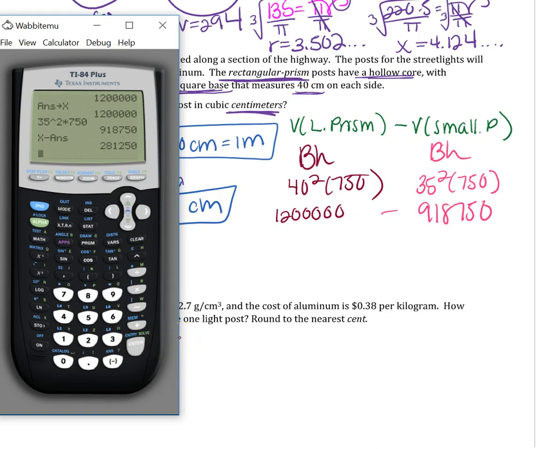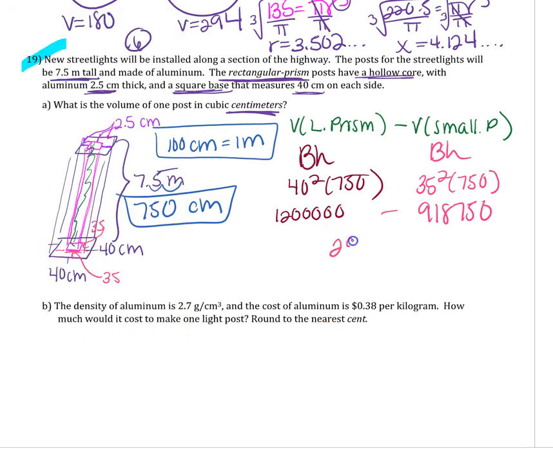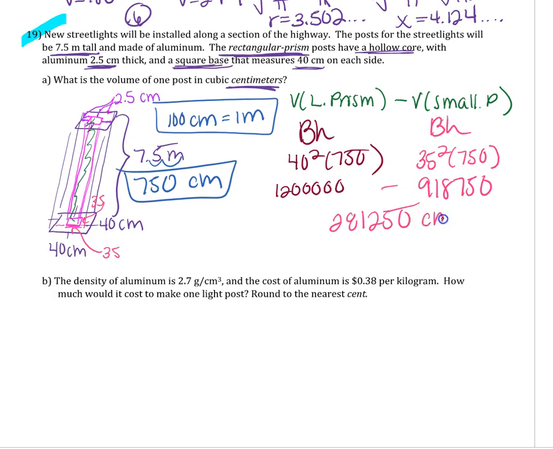So 281,250. Okay, and this is technically what, centimeters? Centimeters cubed. Boom. Okay, so that's the volume of one post.